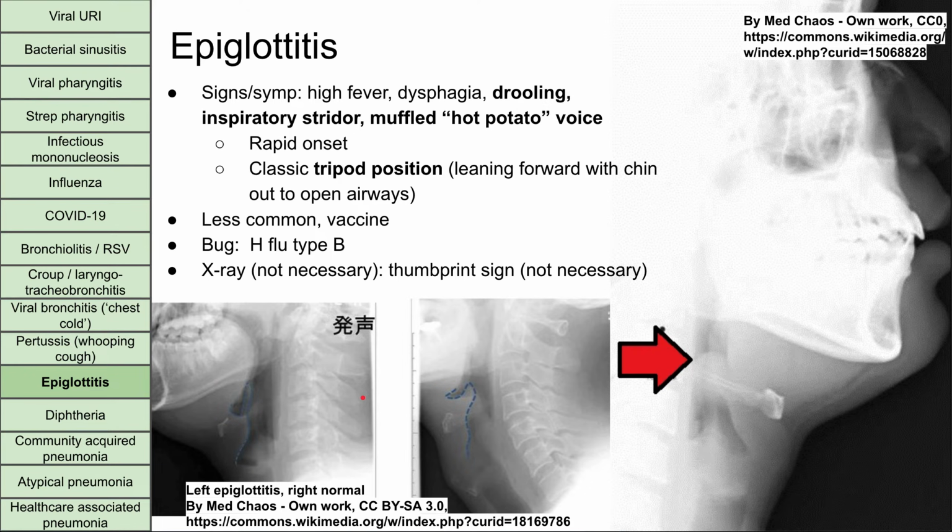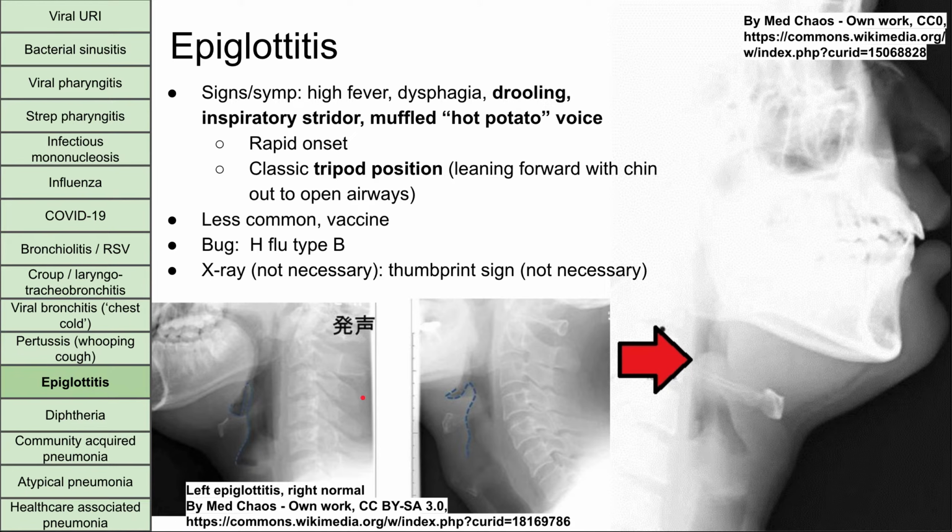Next is epiglottitis. The signs and symptoms of this are, again, similar: high fever, dysphagia. The unique ones here are drooling, inspiratory stridor, and muffled hot potato voice. Epiglottitis typically has a rapid onset, whereas a viral URI or a sore throat, like a viral bronchitis, might come on pretty slowly. This one is very quick.